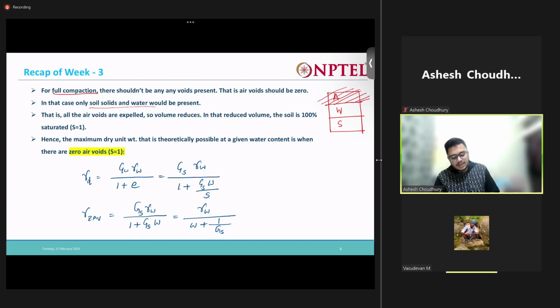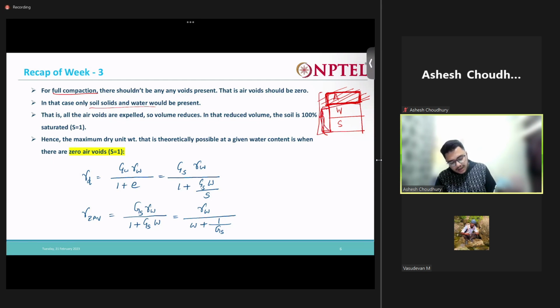So this is not there, so only soil and water is in your system, right? So this much volume is totally expelled. You are totally taking the air voids out of your soil. So what happens is that the volume reduces. Volume was initially this much, so it will reduce to this much.